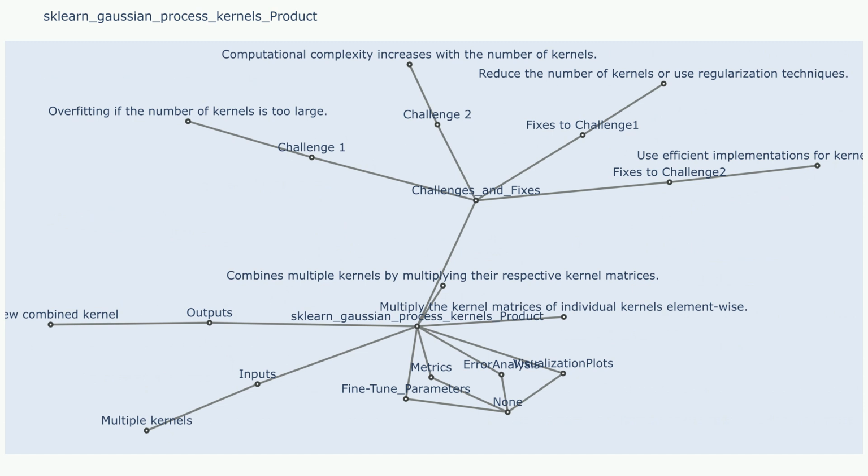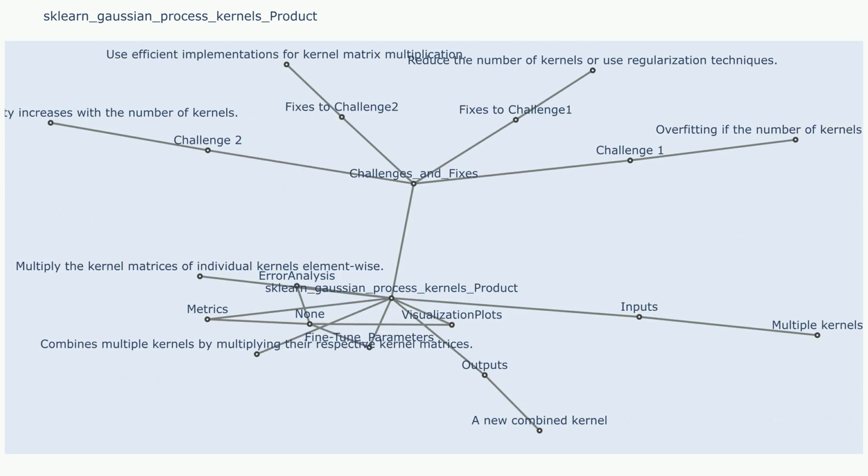Outputs. Output 1, kernel matrix. The product kernel calculates a kernel matrix that represents the similarity between all pairs of data points. Output 2, prediction function. The kernel matrix is used to construct the prediction function that can be used to make predictions for new data points.